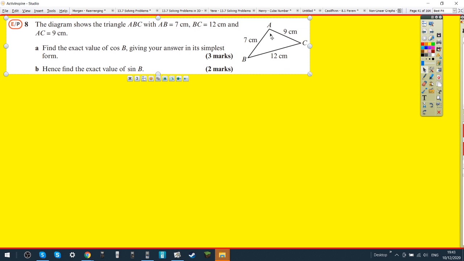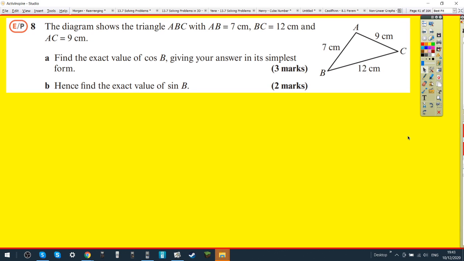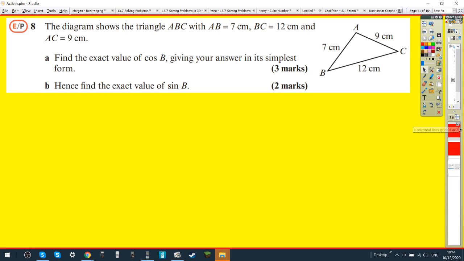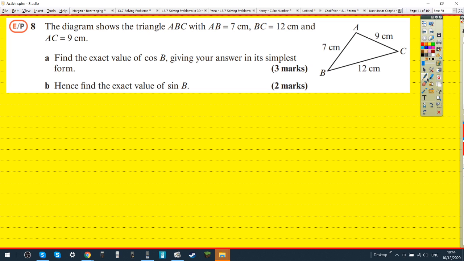Let's see. The cos of B. Okay, the first one, A. Okay, better do both of them.